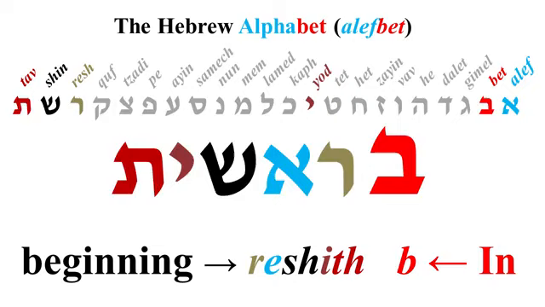So if you have Bereshit, it's in beginning. And there is no the. I know a lot of the English translations say in the beginning, but that's not how it is in the Hebrew.